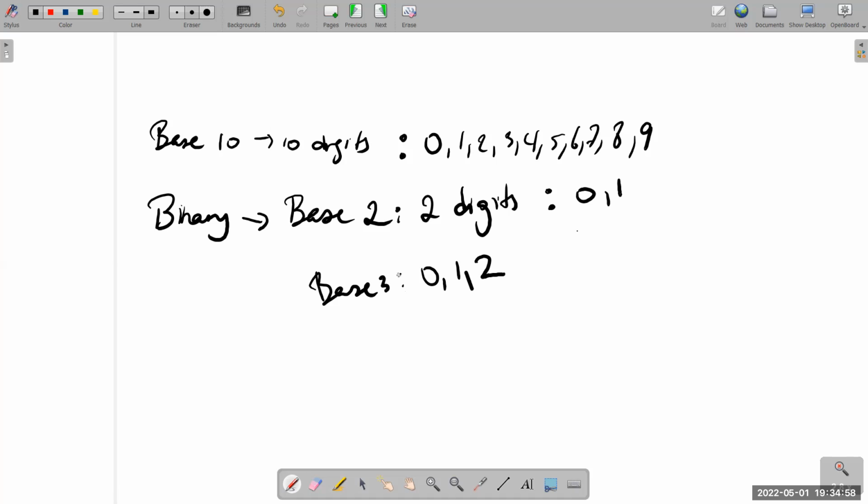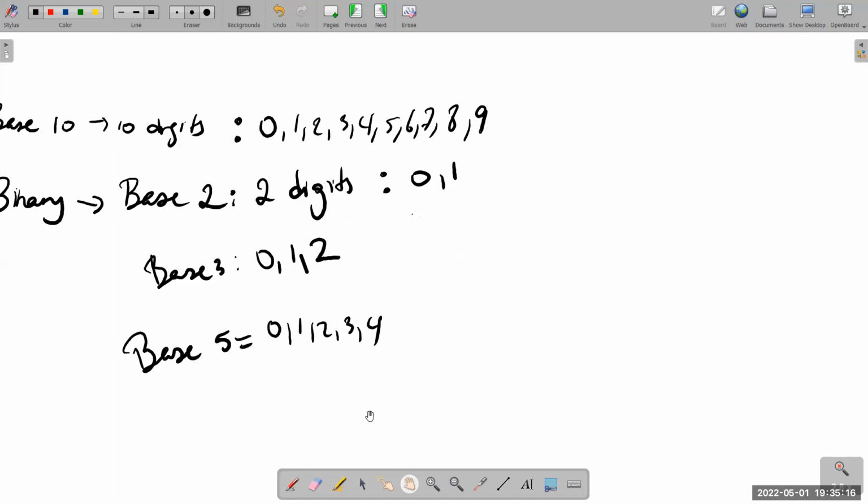You don't use 3 in base 3. So just a last example, base 5. What are the digits in base 5? 0, 1, 2, 3, 4. All right. So let me show you something.